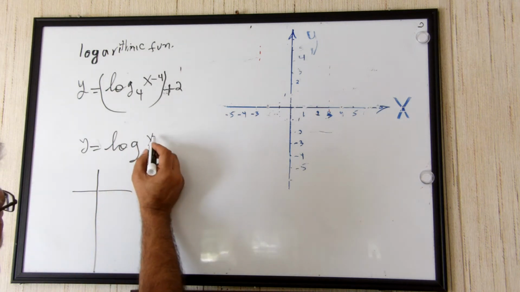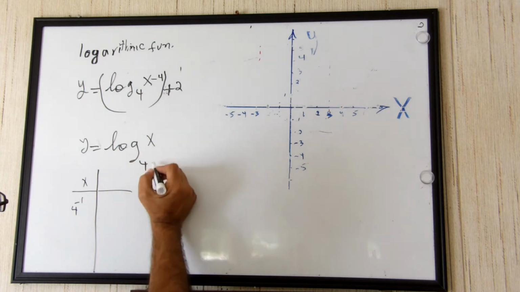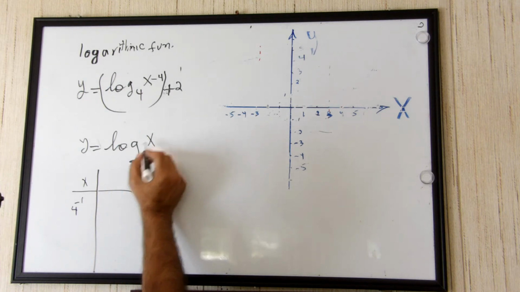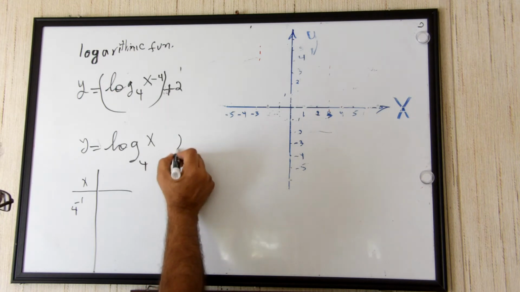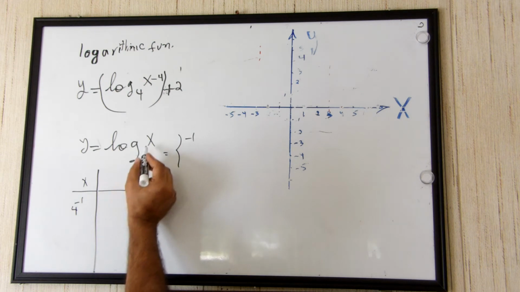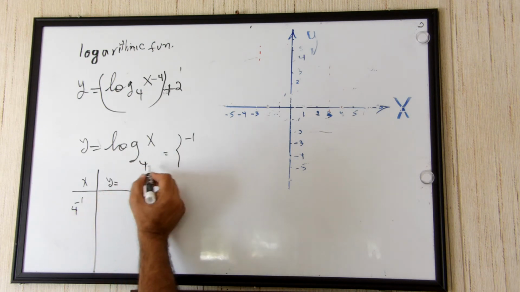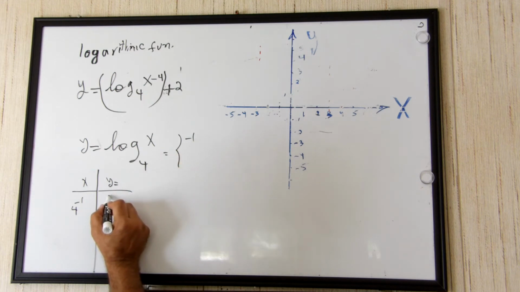If x is minus 1, what is going to be y? 4 to the power minus 1 is going to be 1 over 4.